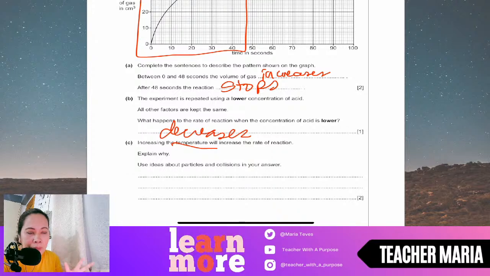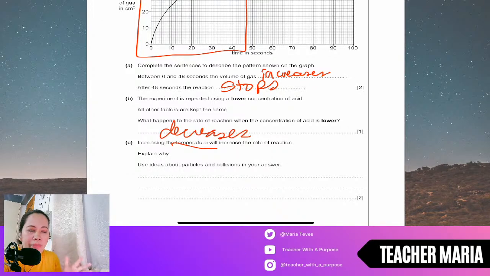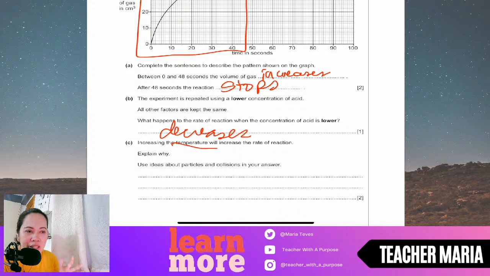There are several factors that affect the rate of chemical reaction. One of them is temperature. Another is the concentration or the amount of your reactant, and stirring, the mechanical factor, and so on. Also pressure. These are the things that actually affect the rate of reaction.